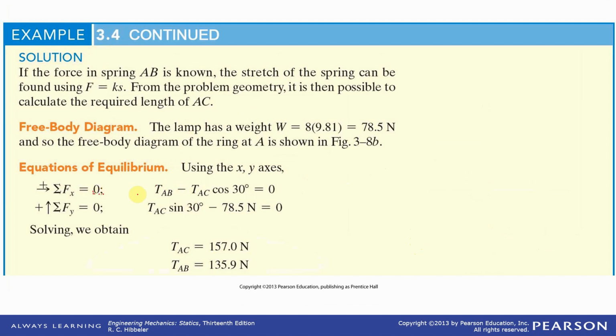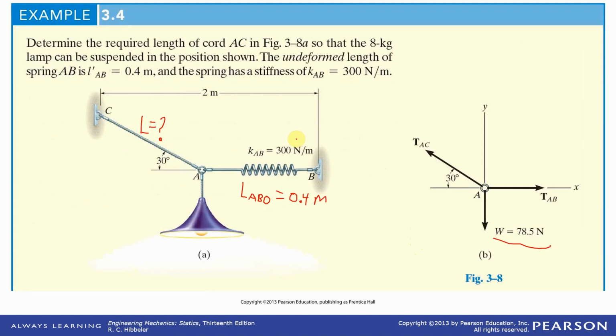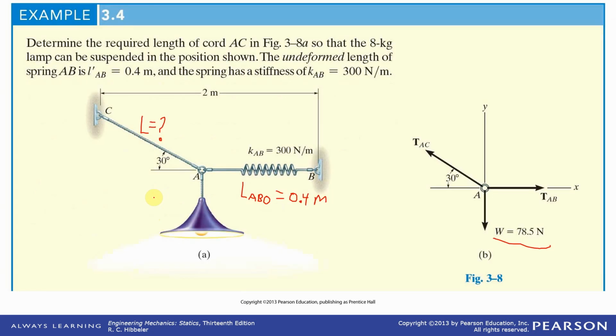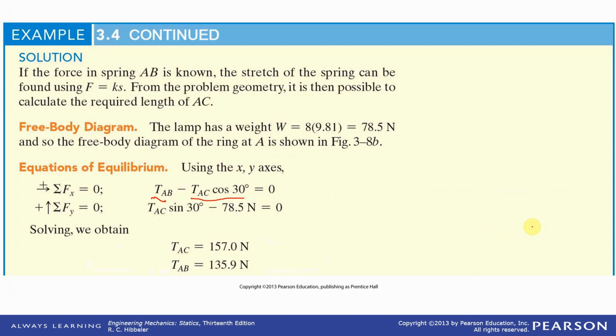We have two equations, sum of forces in the x direction. Let's go back. So T_AB minus T_AC cosine 30 is going to equal 0. T_AB minus T_AC cosine 30 has to equal 0. The y direction forces, T_AC sine of 30 minus 78.48 is going to equal 0.